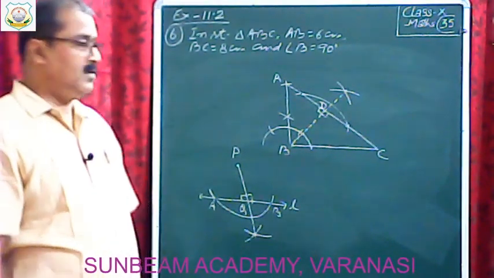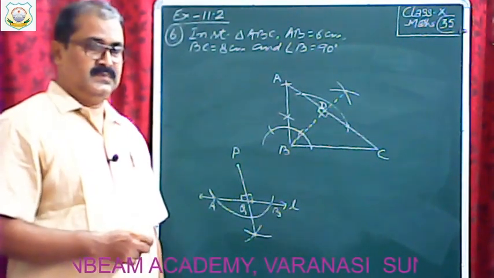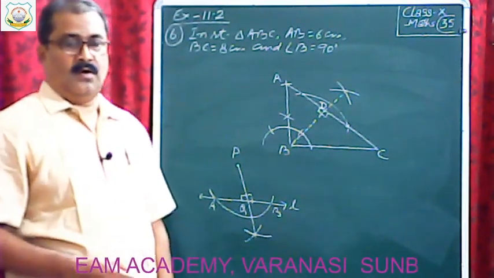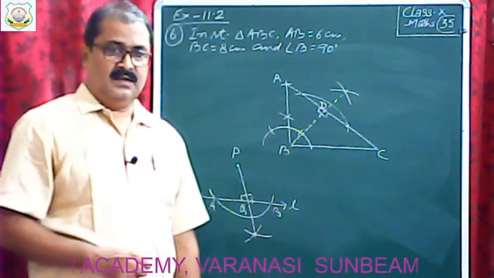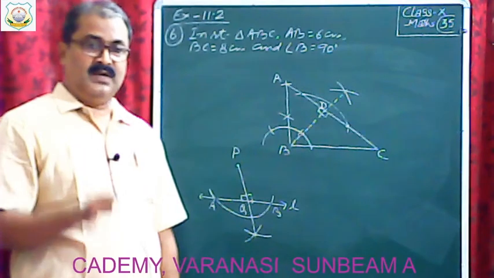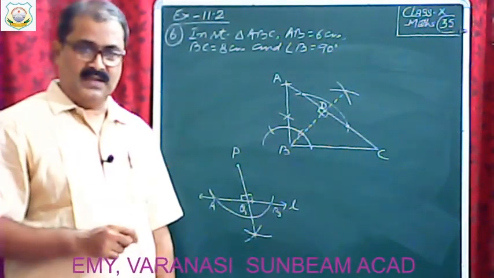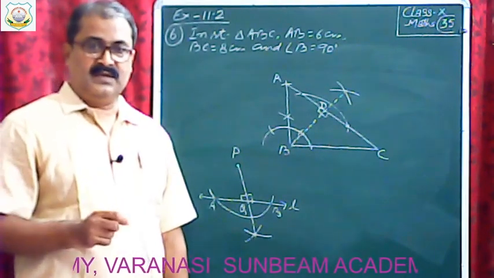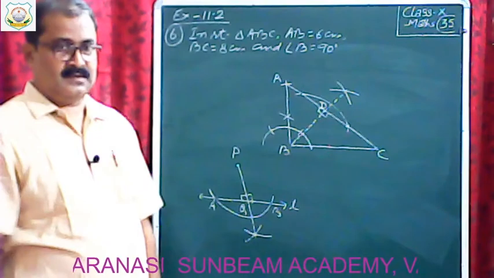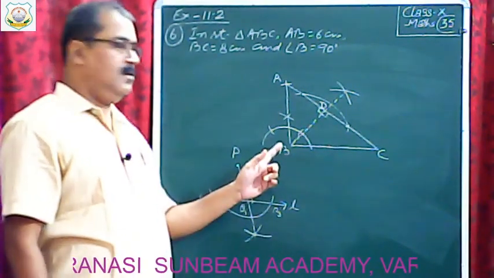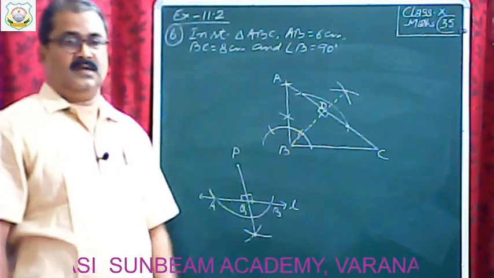But if you know the property of circumcenter, then there is no need to draw all three perpendicular bisectors. In case of a right triangle, circumcenter lies at the midpoint of the hypotenuse. So very simple, we have to mark the midpoint of the hypotenuse only, then that is the required circumcenter.